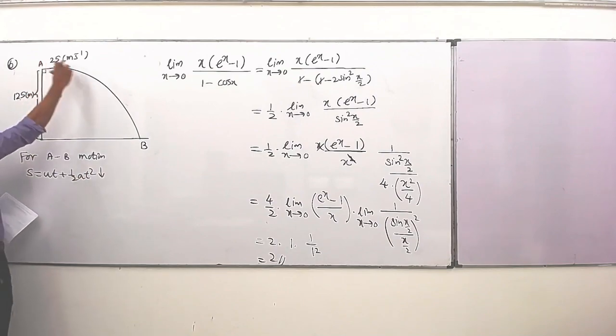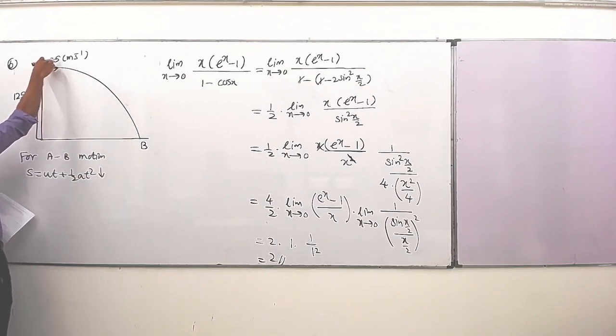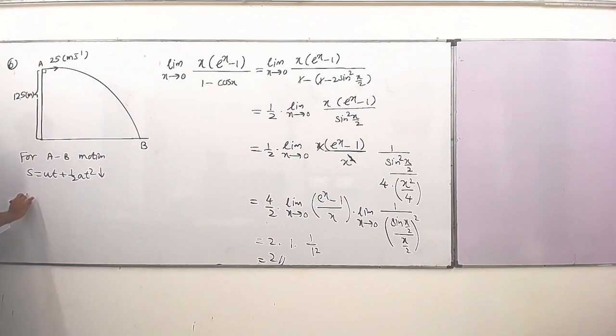When it comes from here to here, it moves in the downward direction. This 125, S is 125. Initial velocity downward is 0, u is 0, half a, acceleration due to gravity 10, t squared. We get t is 5 seconds. Okay.